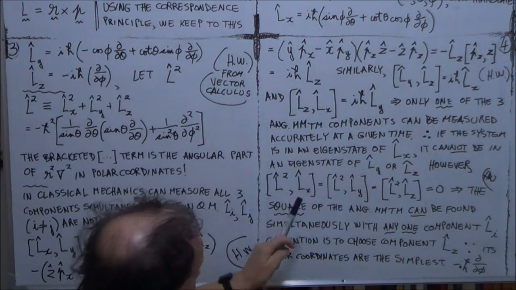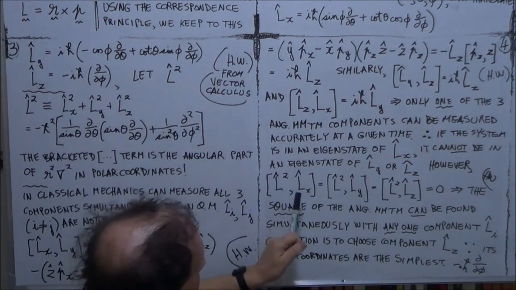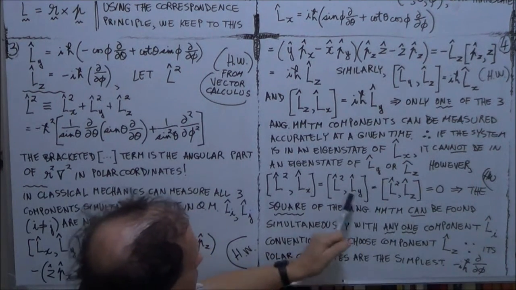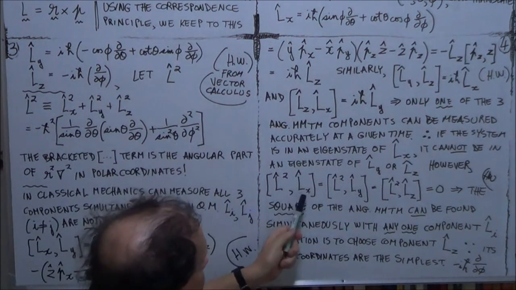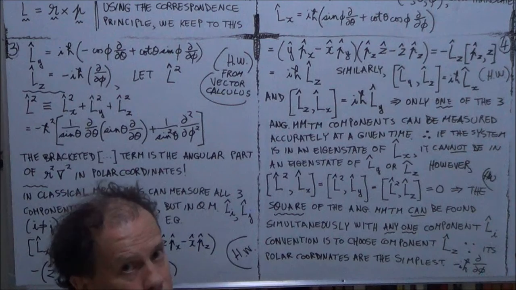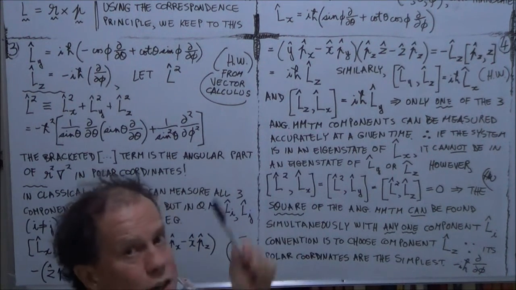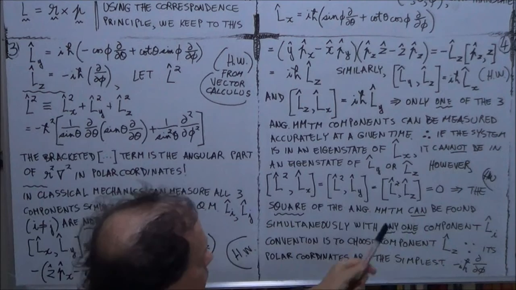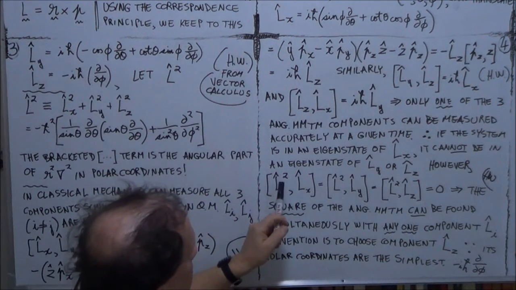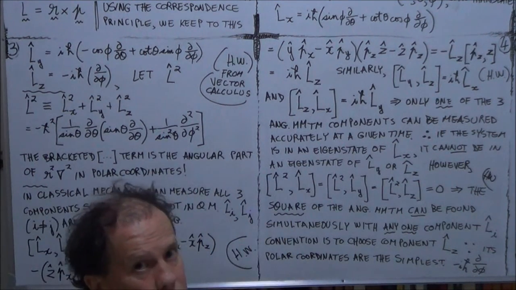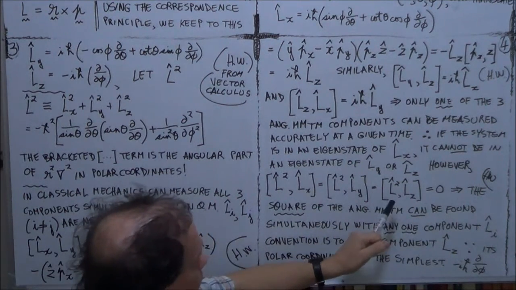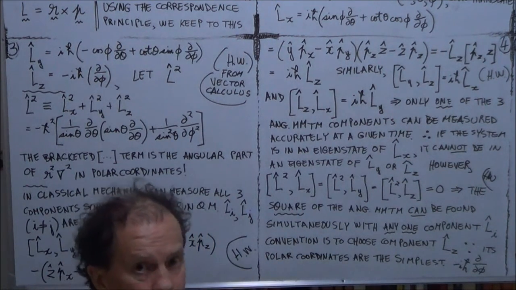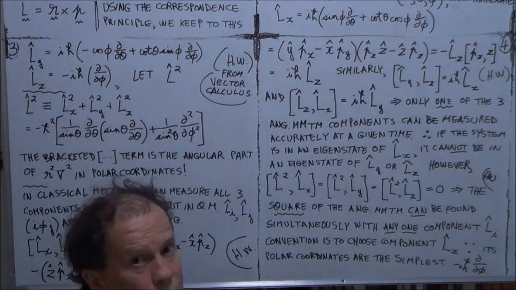So the conclusion is that any one of these 3 components, along the x-axis, y-axis, or z-axis, of the angular momentum operator L hat, they are compatible. Each of these three is compatible with the total angular momentum squared operator, L hat squared, okay? Because the commutator is 0.